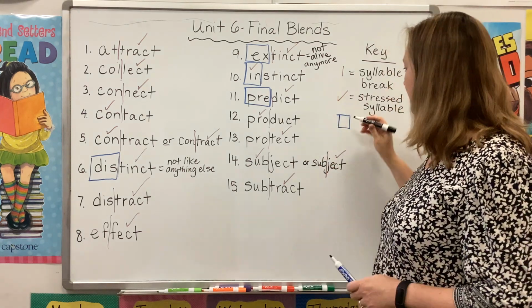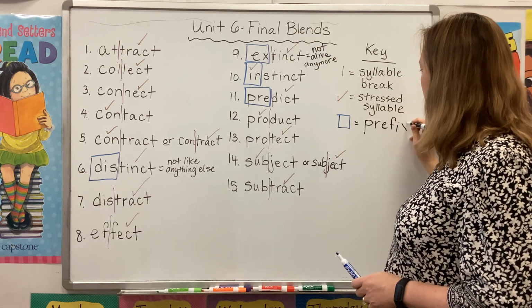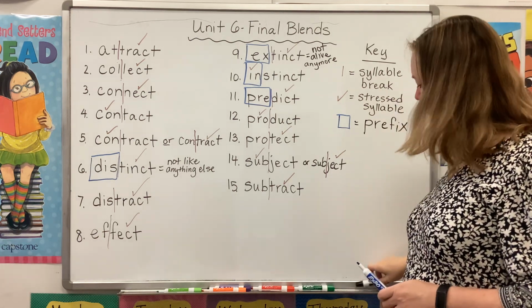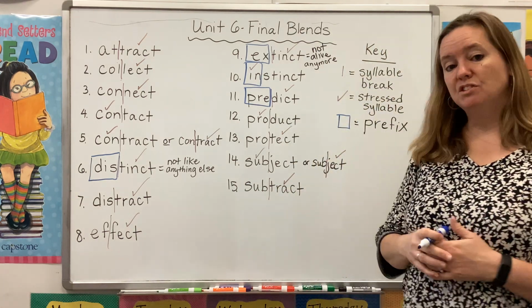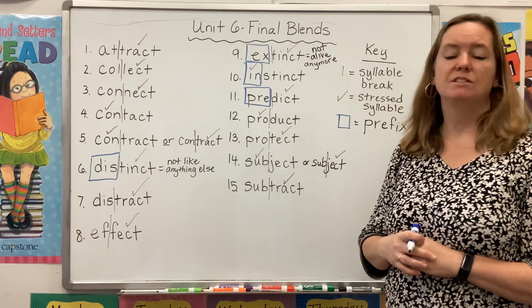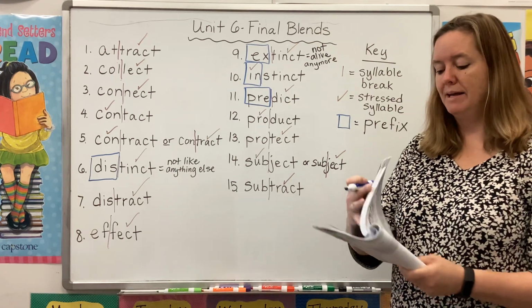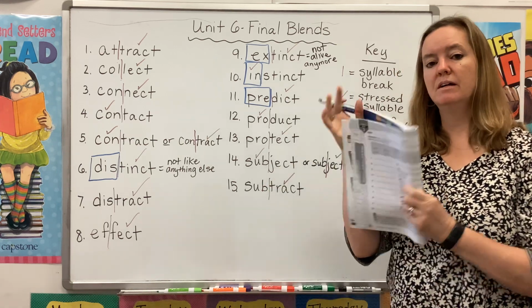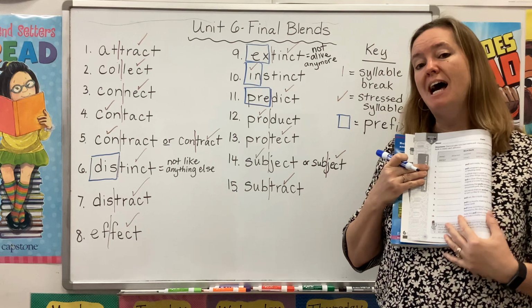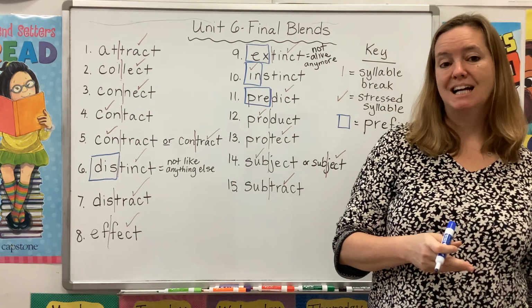So blue box equals. Okay. We also want to talk about roots. So when you get to page 44, you're going to do an entire activity using the root tract.